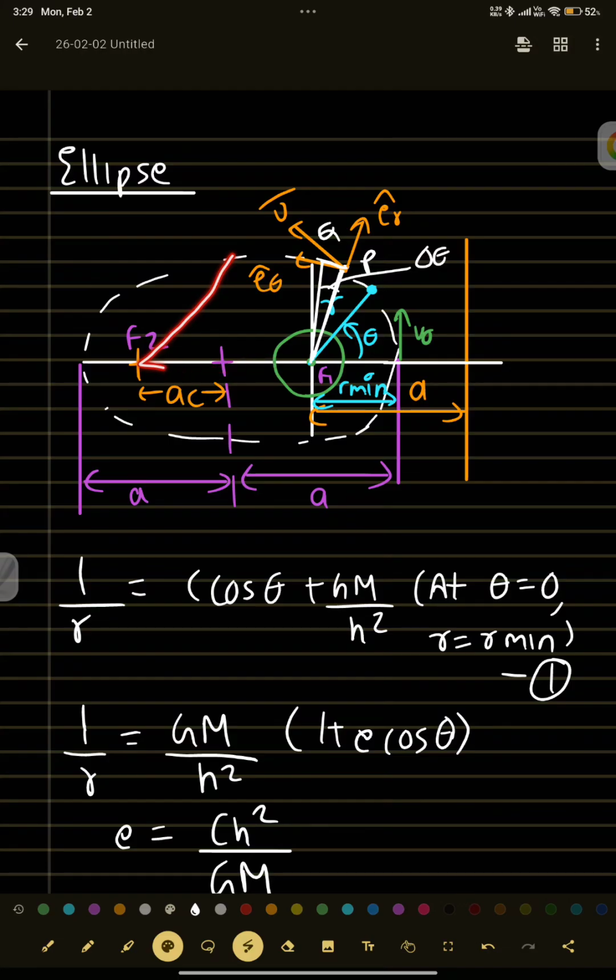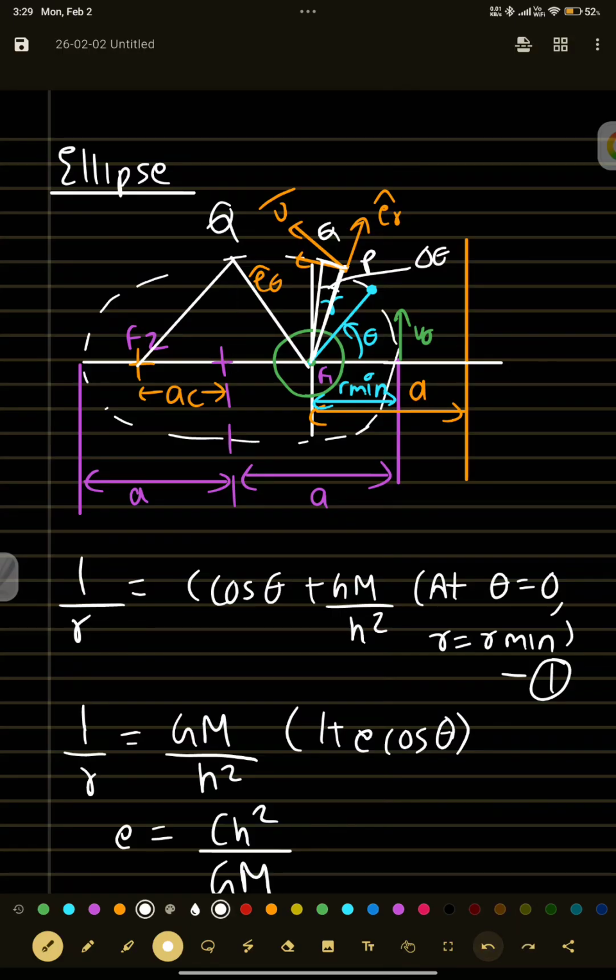So your F2Q plus F1Q should be equal to 2a. Will F2Q and F1Q be different? No. So F1Q should be equal to a, right?